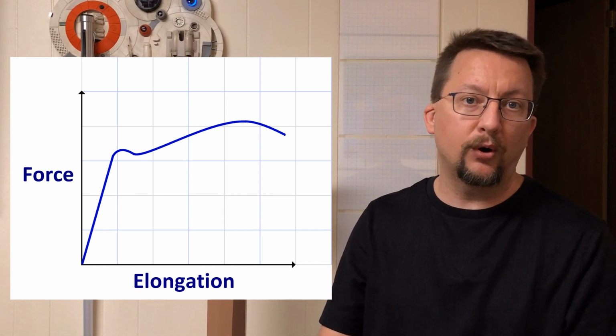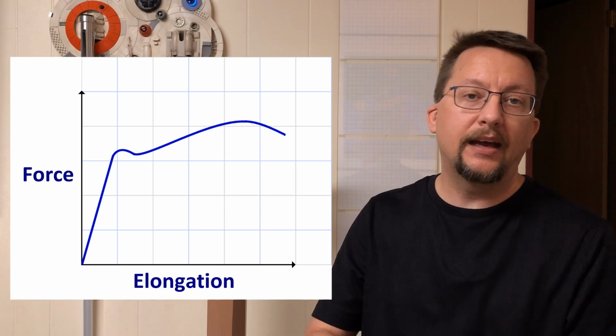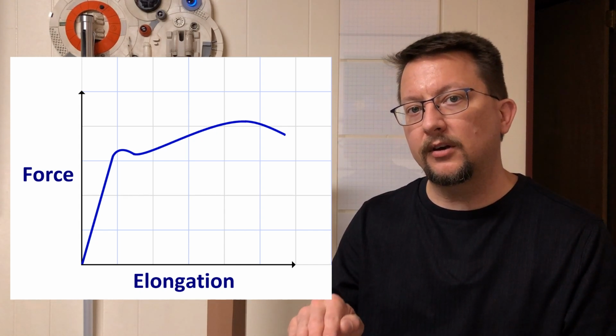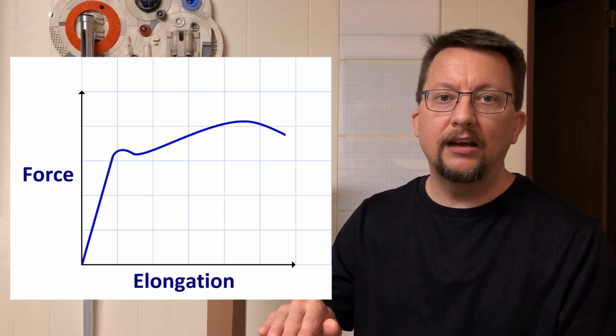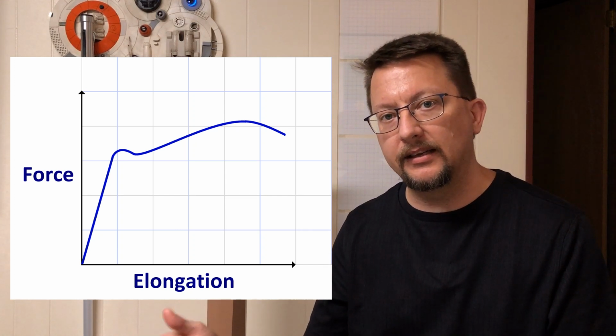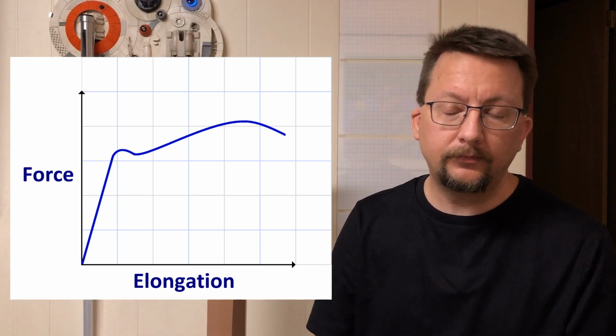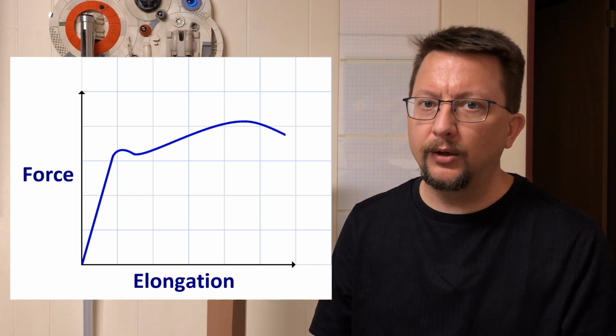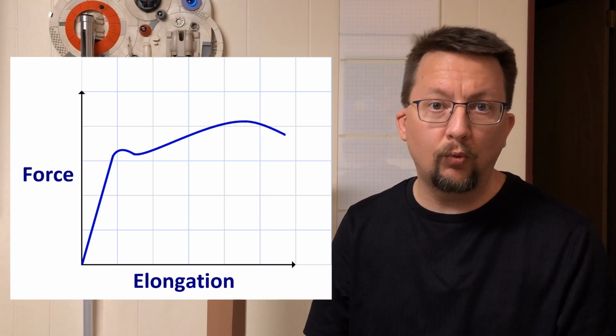So you can see that force part of the curve again going up. And then at some point it will start to fail completely, and it will curve off and be done. It'll break.